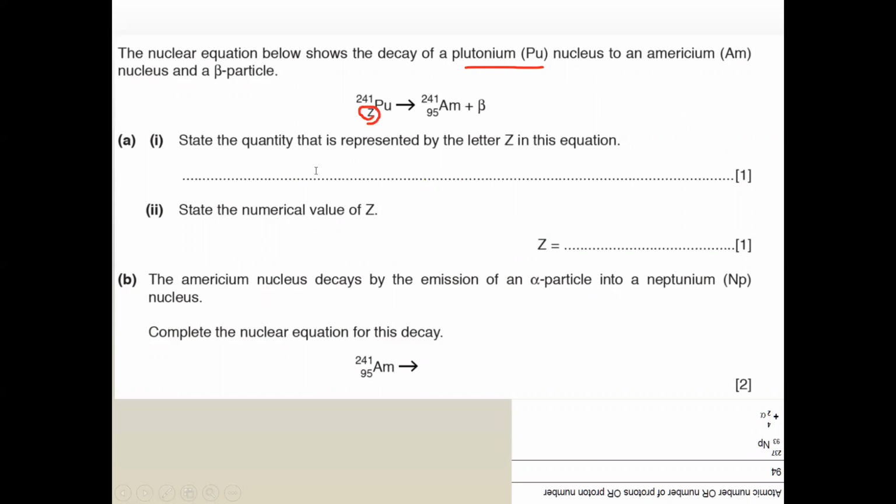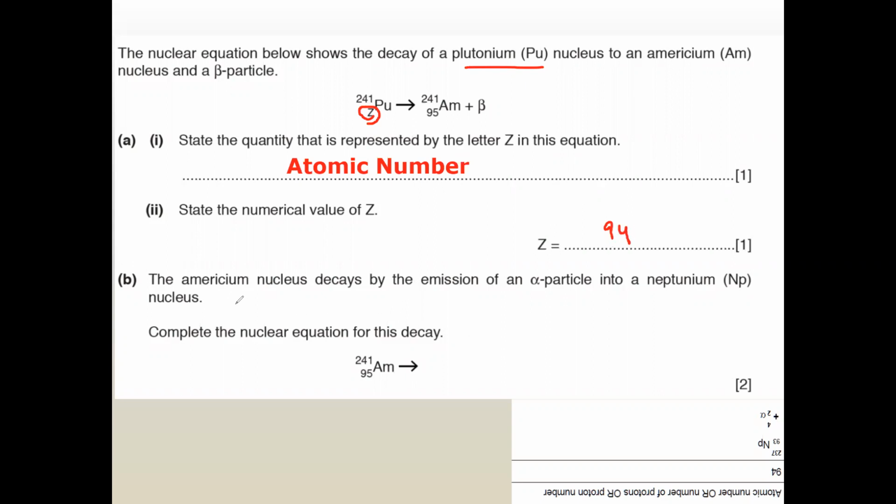The letter Z represents the atomic number, or we can also say the proton number. How to work out the value of Z, we will discuss in beta decay. But right now it will be 94, because the beta decay part is still left. So this is 94.